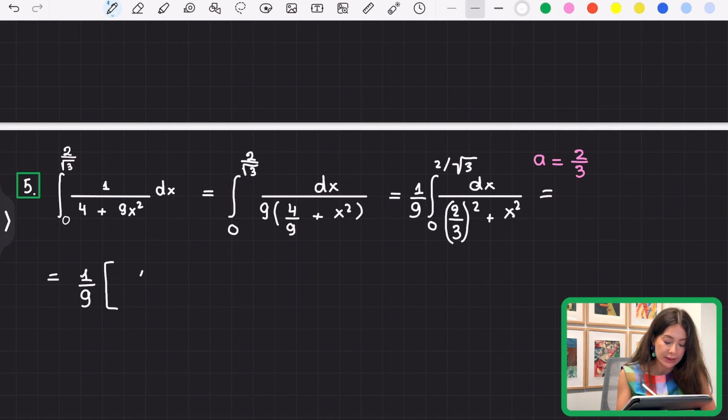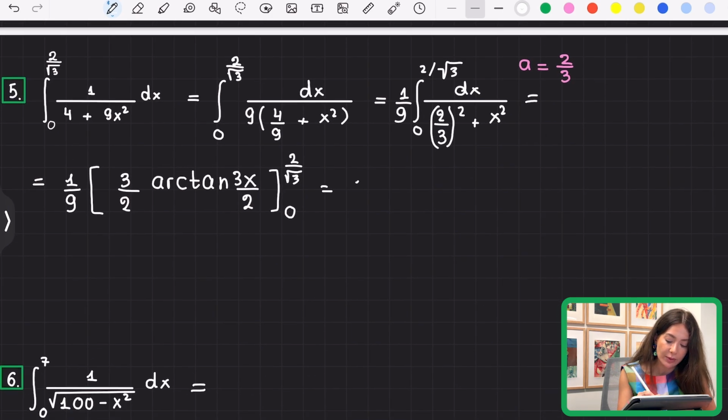So the formula goes like this, 1 over a. So if I divide 1 over 2 over 3, that's going to be 3 halves. Arctan of x over 2 over 3, which is 3x over 2. All of that is from 0 to 2 over square root of 3. Now, apply the fundamental theorem of calculus.